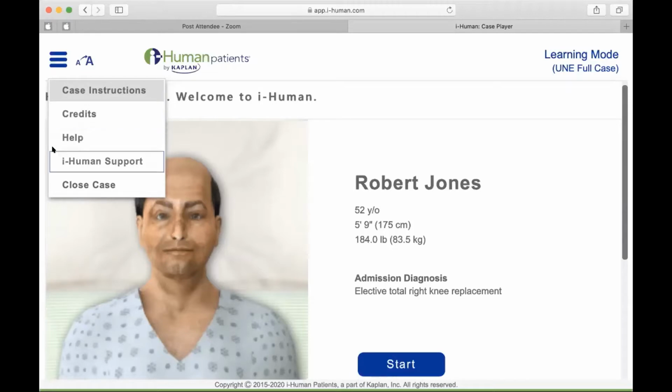But here's where your students have, again, access to that help with iHuman and how the product works, so the students can find this information themselves, which will help them. They won't have to come to you. We save the case or the student's work every 3 seconds.